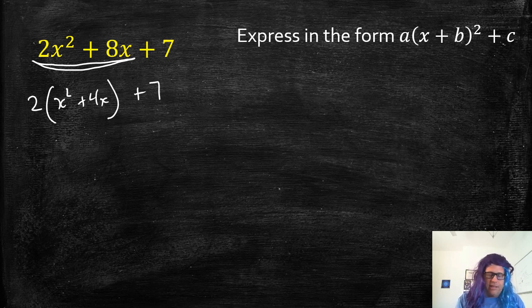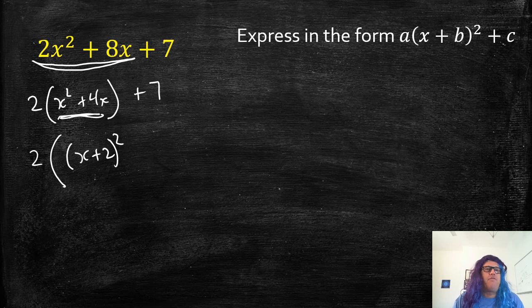So hopefully you can see that 2 times brackets x squared plus 4x is the same thing as what's above it. Now, a is 1. I'm just looking at the bracket here, and I want to complete the square on that. So how can I go about doing this? Well, I still have my 2 out in front. Now, how am I going to complete the square? Well, x squared plus 4x is going to be x plus 2 squared, right?